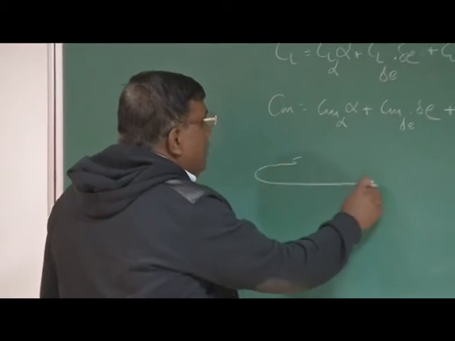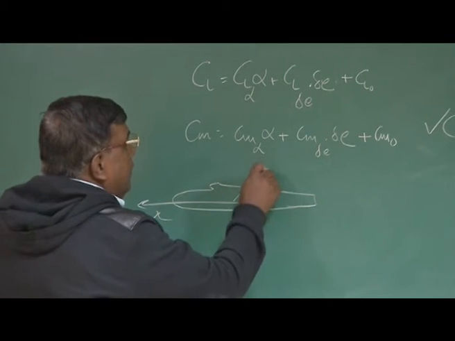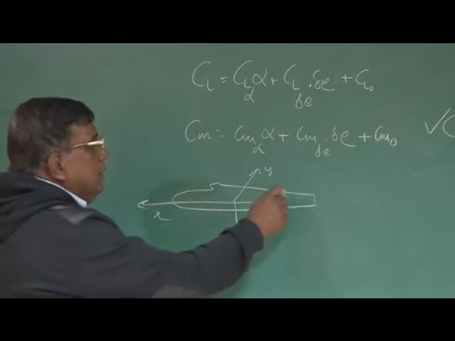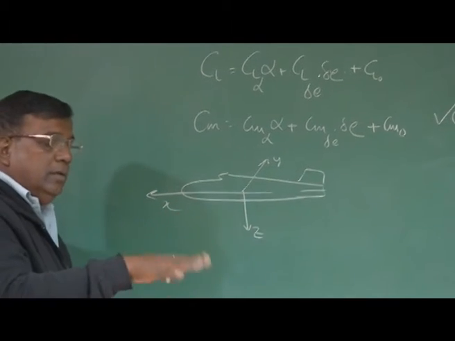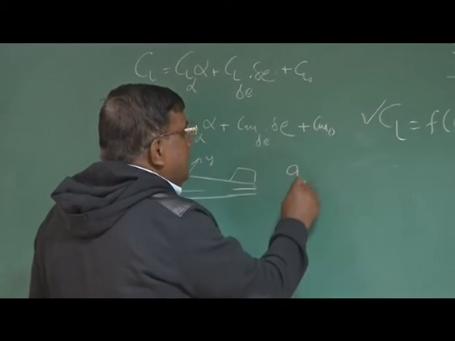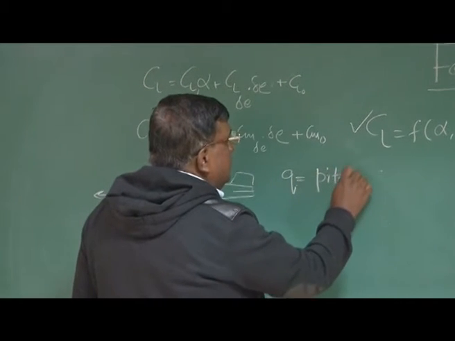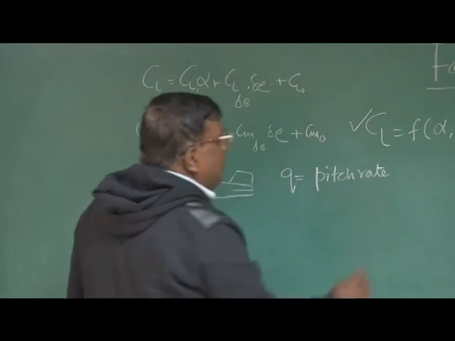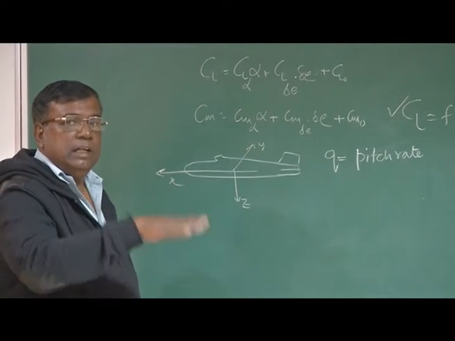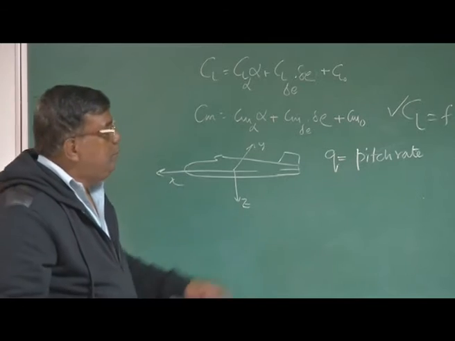If you see, this is my x-axis, this is my y-axis, and this is the z-axis. So there will be oscillation about the y-axis, and that is q, the pitch rate. What is the meaning of pitch rate? At what rate the attitude of the airplane is changing, oscillating about the y-axis.